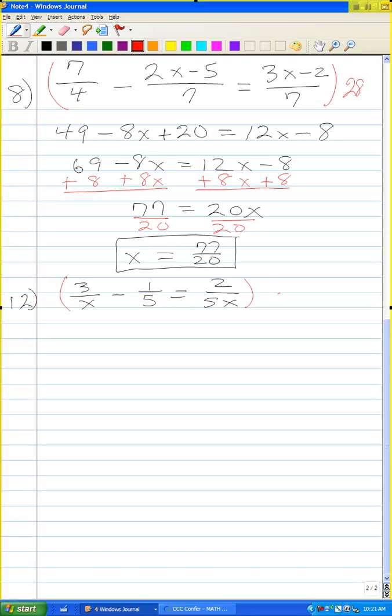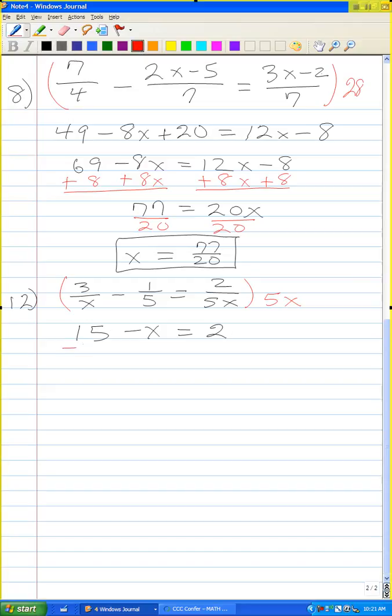The least common denominator is 5x. And so 5x divided by x is 5 times 3 is 15. 5x divided by 5 is x times negative 1 is negative x. 5x is canceled, so you get equals 2.